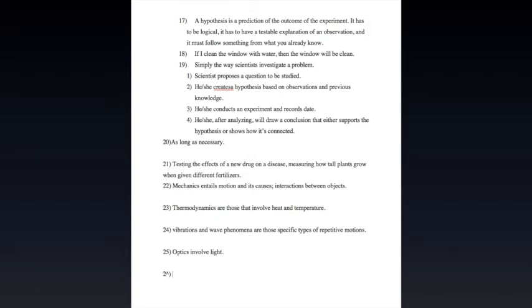Then you have electromagnetism. Electromagnetism is those that involve electricity, magnetism, and light. Next we have, what is relativity? So relativity includes particles moving at any speed, including high speeds.